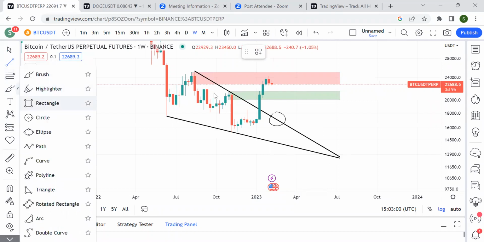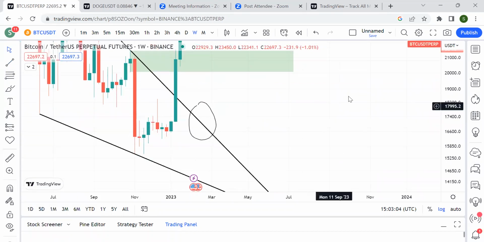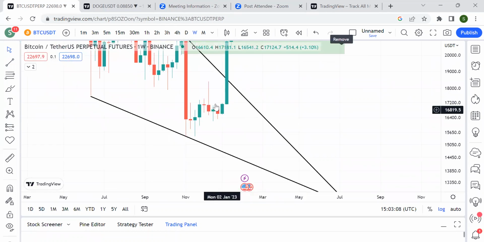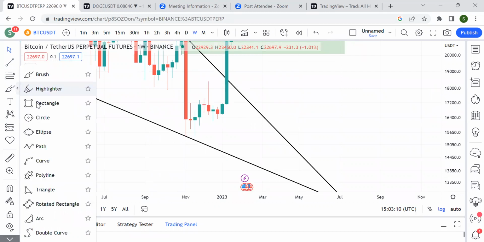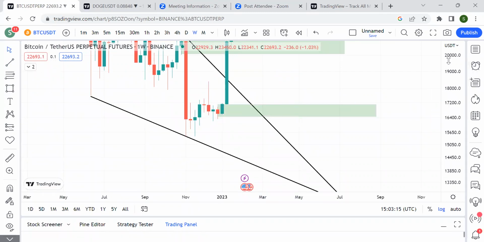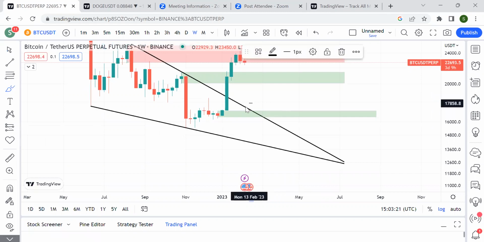If you zoom into this one, let me show you, I will remove this order block. You see that order block here, a deep order block. It is too deep an order block here. You see that order block. This retest is sitting straight on that order block.